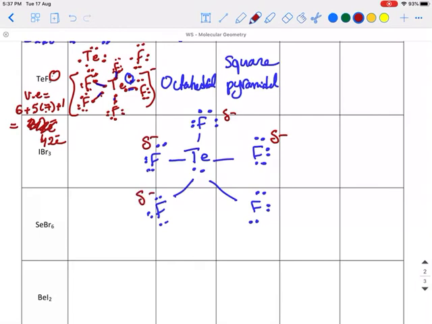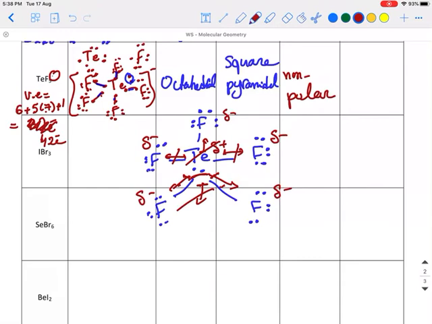Fluorine is the most electronegative element. Drawing the arrows from positive to negative, this one cancels with this one, and these two have a resultant that cancels with this one, which makes it non-polar.